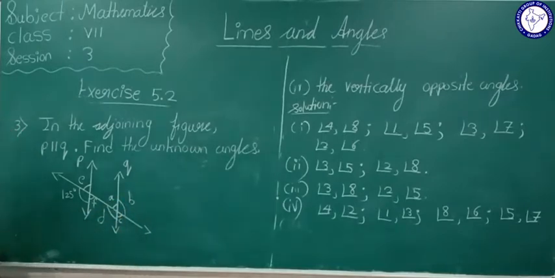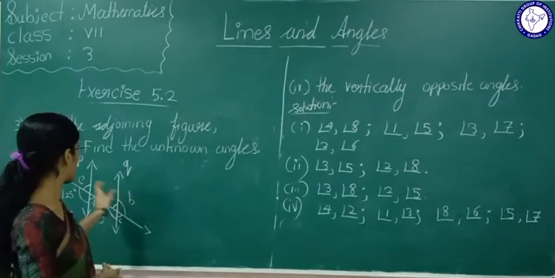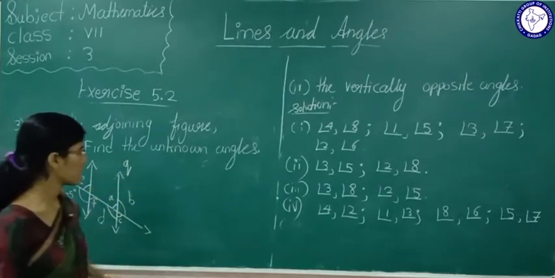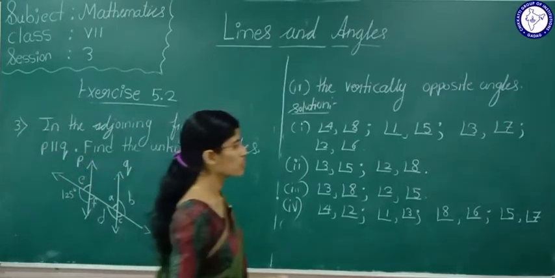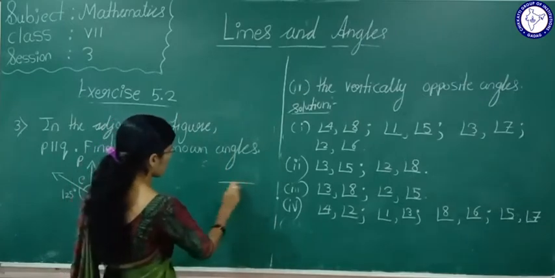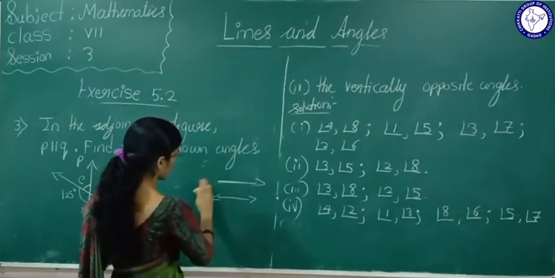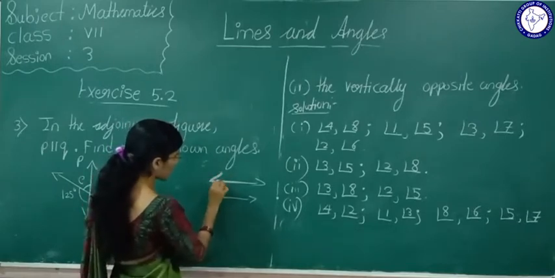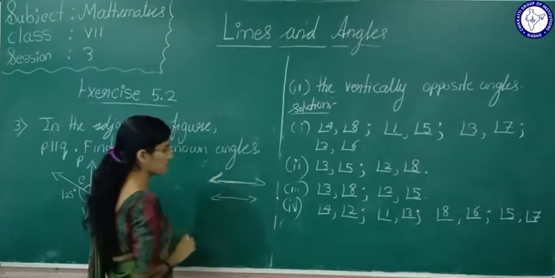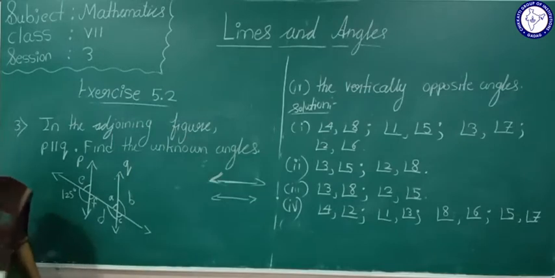Now see here, what have they given here students? In the adjoining figure, P is parallel to Q. Find the unknown angles. Now we know that when two lines are parallel, I will draw it neatly.